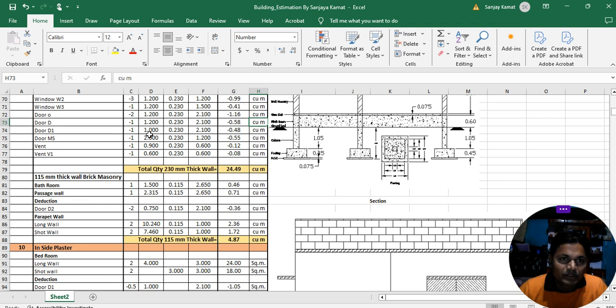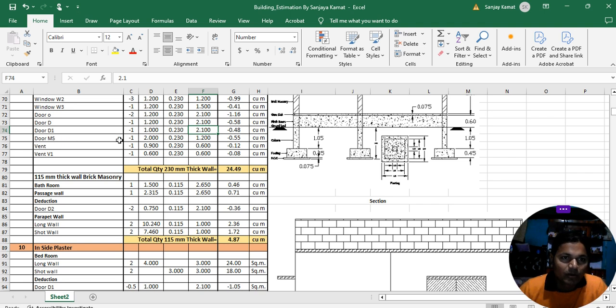Length we have taken 1.000 meter, breadth 0.230 meter, and height and depth 2.100 meter. Again we have the 4 values, multiply these 4 values, and you will get -0.48 cubic meter.